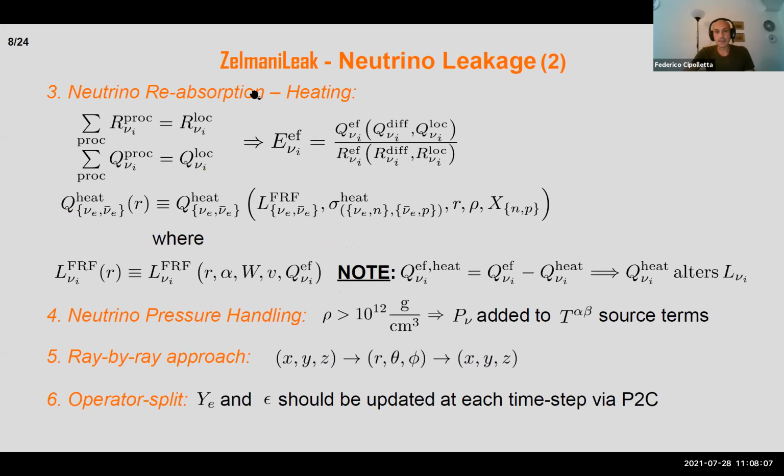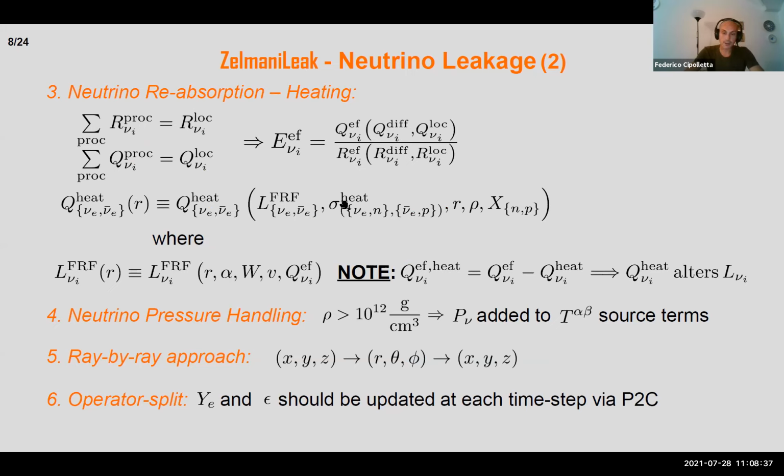In addition, the Zelmani code allows you to model also the reheating, so the reabsorption of neutrinos that produces heating, and this basically modifies the luminosity associated with neutrinos. The effective number rates of neutrinos are modified by the neutrinos being reabsorbed.